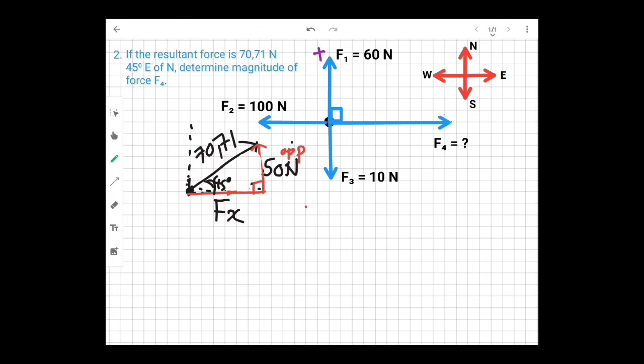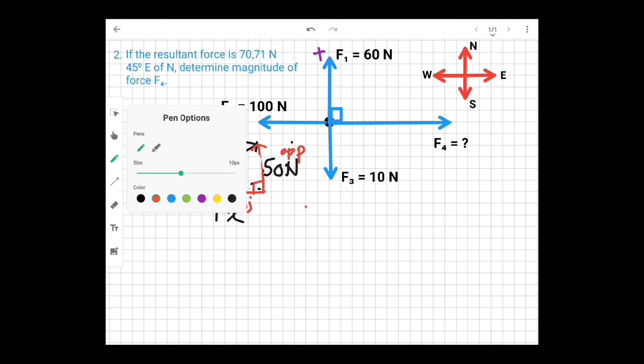The 70.71 is the hypotenuse and the Fx is the adjacent. So you could use opposite and adjacent, that's tan, to work out Fx, or you could use adjacent and hypotenuse, which is cos, to work out Fx.